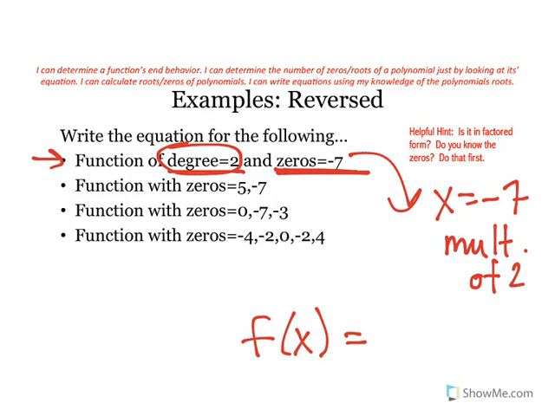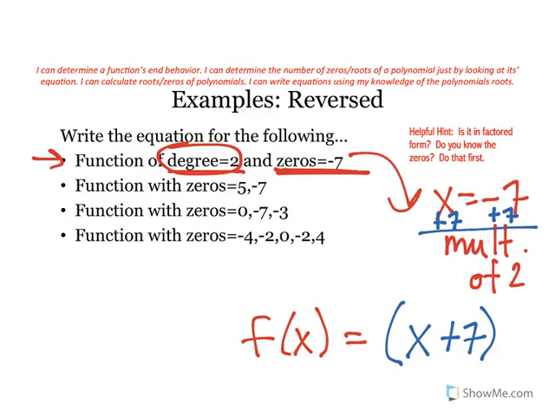If I'm going to rewrite that in factored form, I would add 7 to both sides, and that would give me the factor group x plus 7. And we know that. If you don't know that, then you should, because we've been factoring and solving by factoring for a couple months now. Okay?